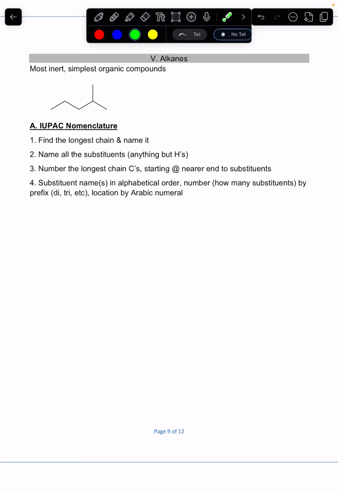It's something we don't necessarily want to emphasize, but it's necessary material. The main thing we might cover during class time is practice naming or drawing structures based on names.